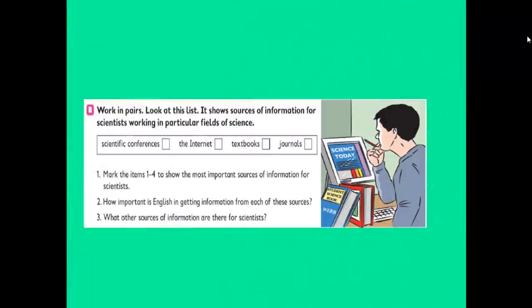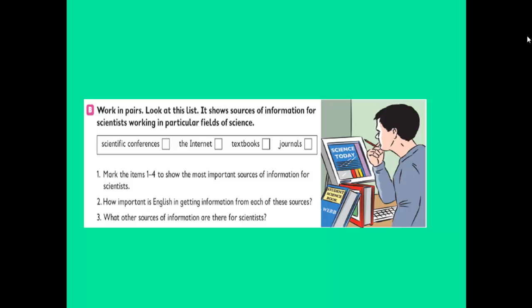What about number B? Number B says work in pairs. Look at this list. It shows sources of information for scientists working in a particular field of science. We have scientific conferences, the internet, textbooks, journals.